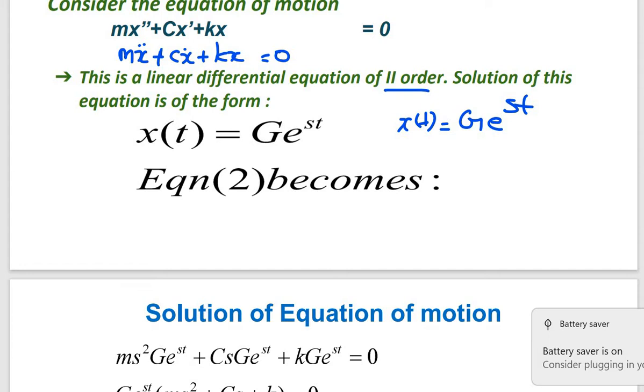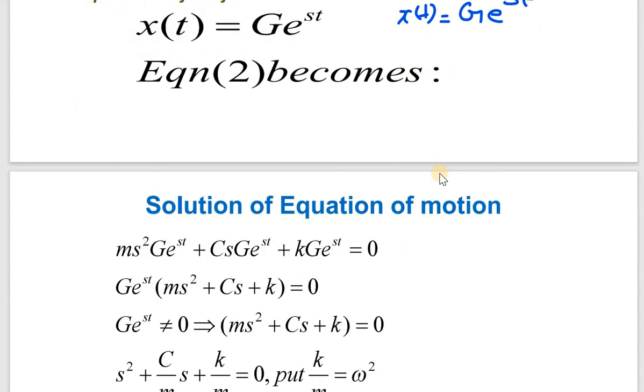Now you can just see my equation. My solution, I have assumed, is x equal to G e raised to st. The equation is m x double dot plus c x dot plus k x is equal to 0.